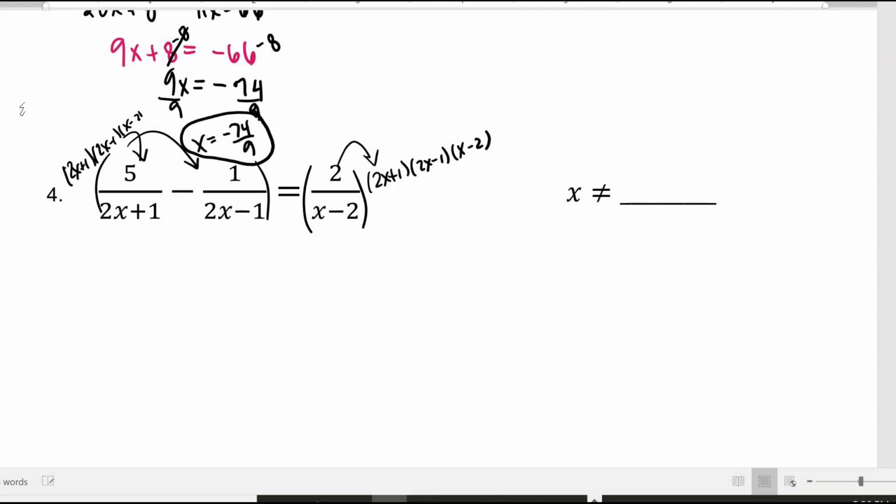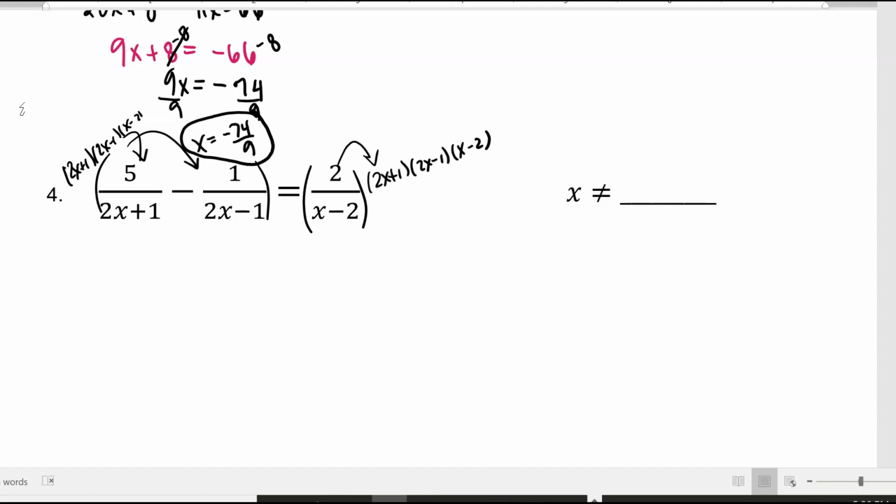I want you to distribute. I want you to write it all out. I'm going to start writing it all out, okay? I want you to write it all out and make sure you know what you're doing. And I also want you to write down what the restrictions are. So go ahead and pause the video. Write down the next step and write down the restrictions.